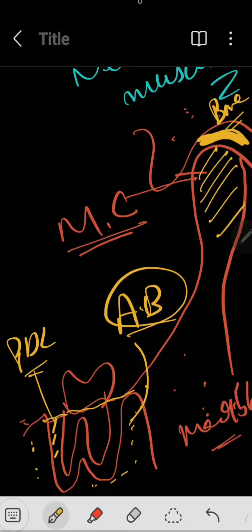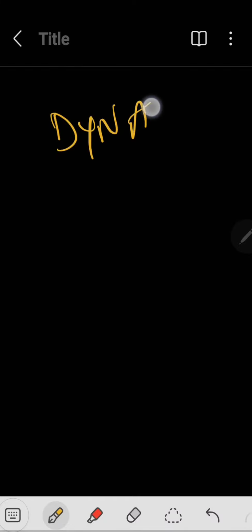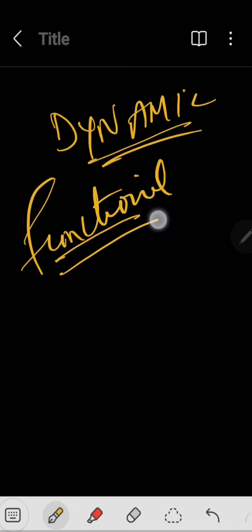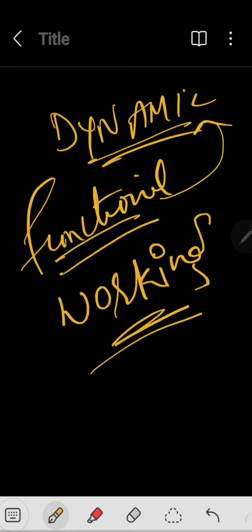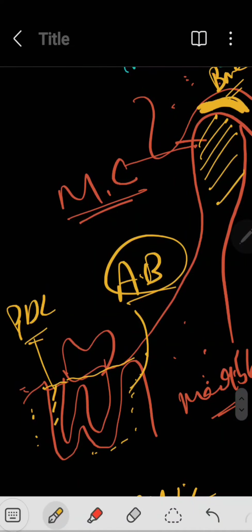And basically how the neuromusculature acts upon it, the way it is working, something which is dynamic in nature. It describes something which is functional, or working in coordination and a set pattern. So all those aspects come under the dynamic aspects of occlusion. This is how it is associated with TMJ.